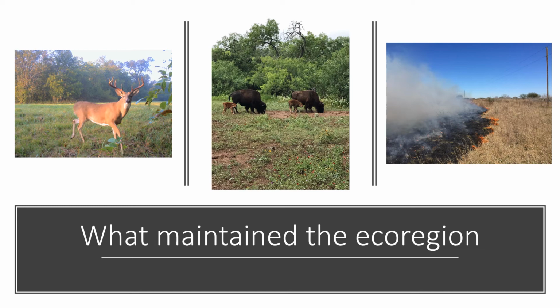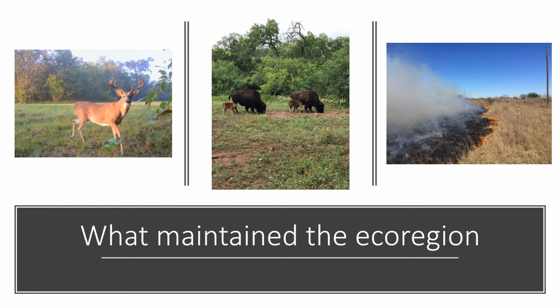And also, the land was maintained very intentionally through fires. So fires were not just lightning strike fires, but they were set often and frequently by indigenous peoples. The reasons, we can't be 100% sure, but it definitely opened up the prairie to make travel easier.